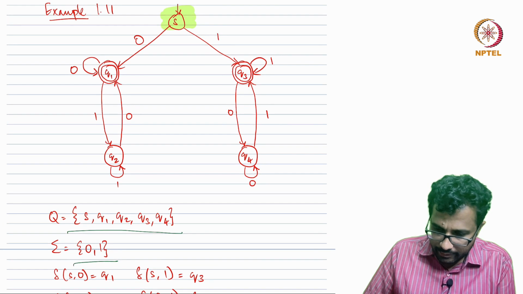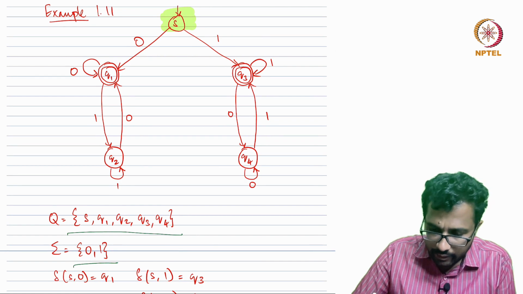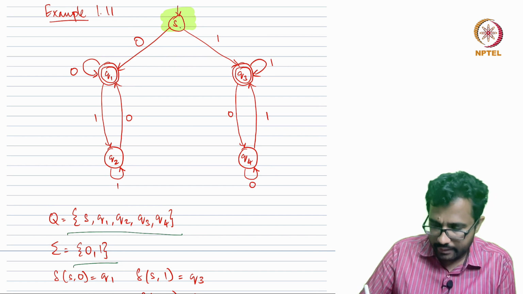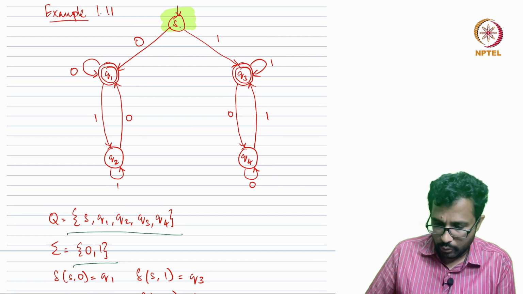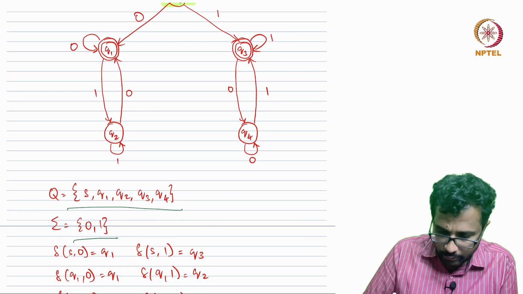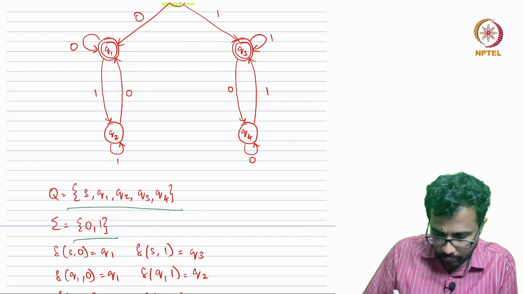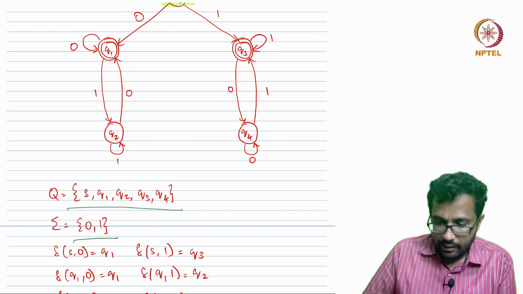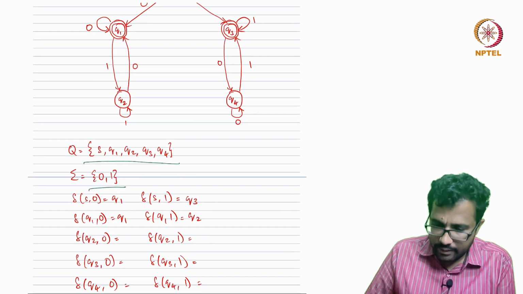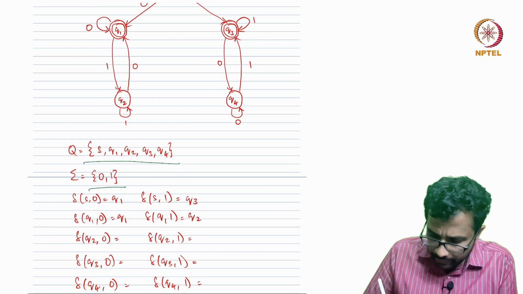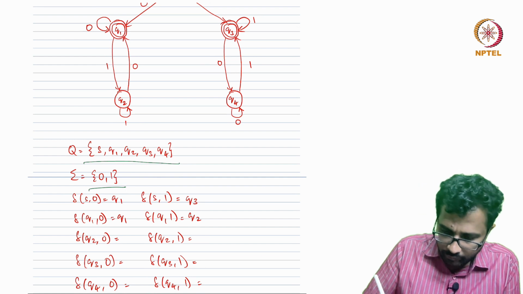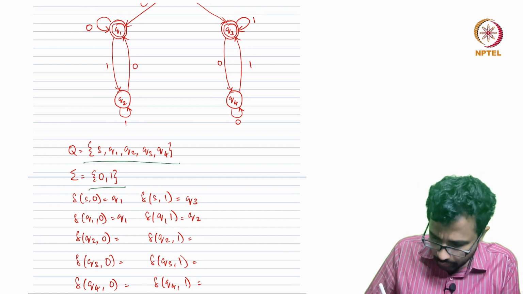And let's see the delta here. Delta S 0 is Q1, delta S 1 is Q3. I've noted it here. Delta Q1 0, so if you see 0 at Q1, you come back to Q1. Delta Q1 1 is Q2. Delta Q2 0 is, if you see 0 at Q2, you actually move to Q1.